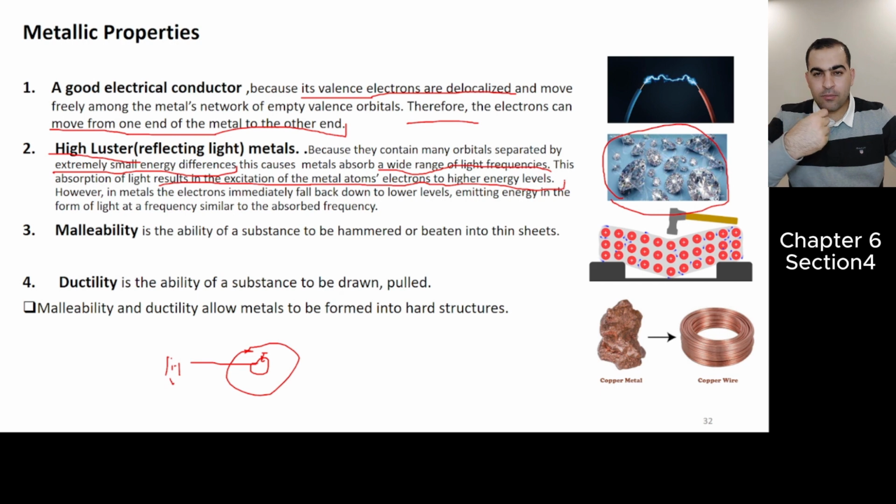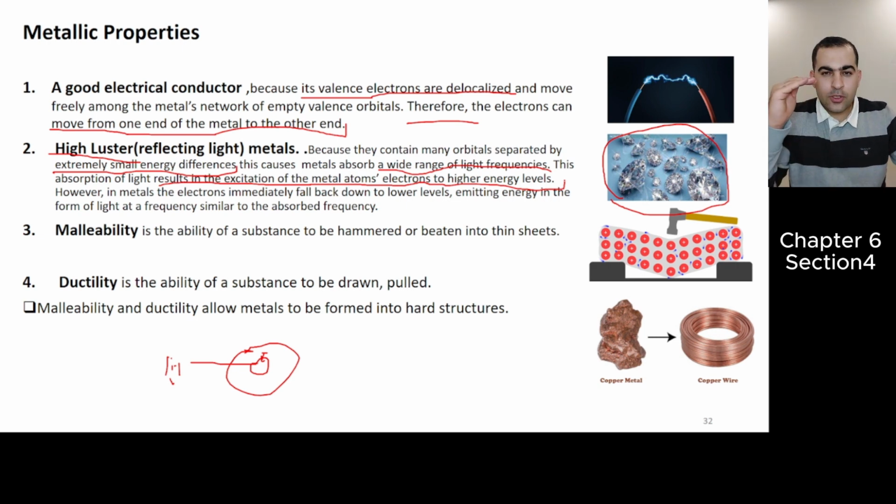When an atom absorbs light, its electrons move to a high energy level, right? This is called absorption. So also here in metals, their electrons move from one energy level to another. They jump to a high energy level because when they absorb energy, they have a high amount of energy now.